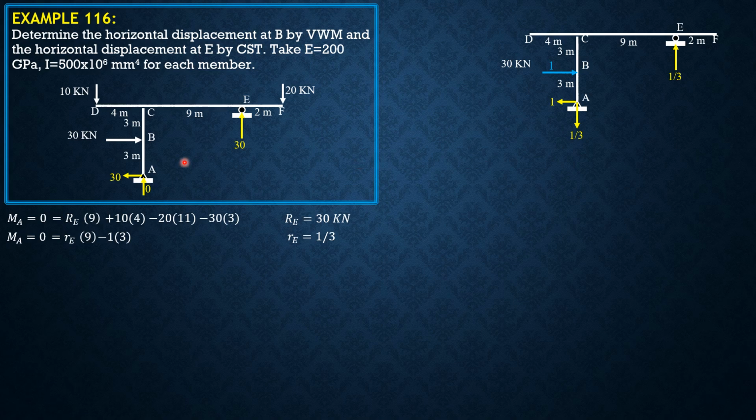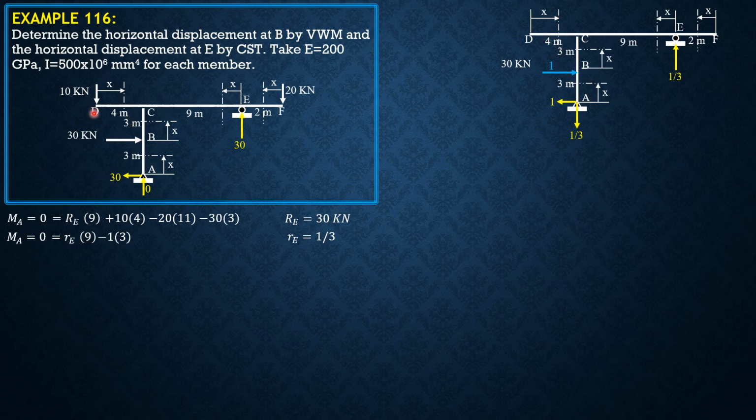So we select the following sections. For simplicity, take note that at this section CD, big M is negative 10x, but here there's no moment, same sectioning.